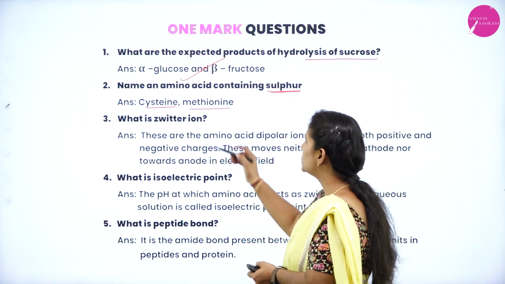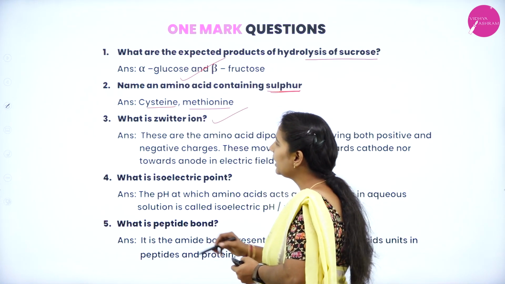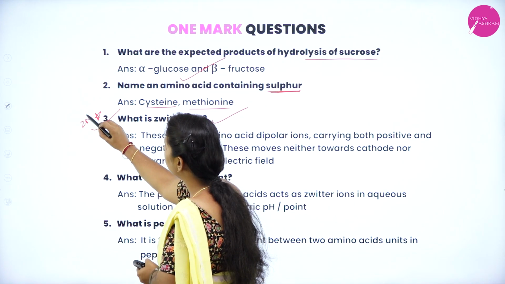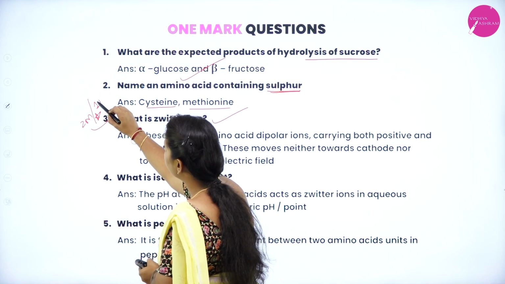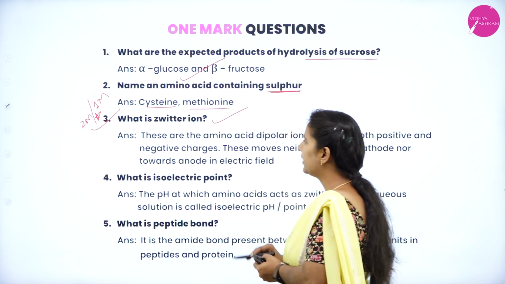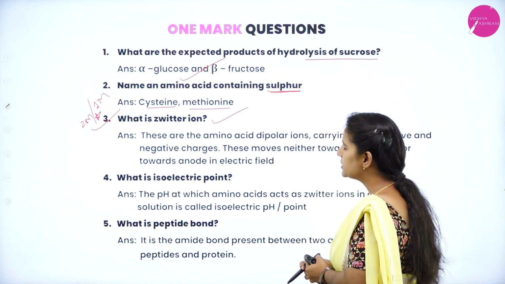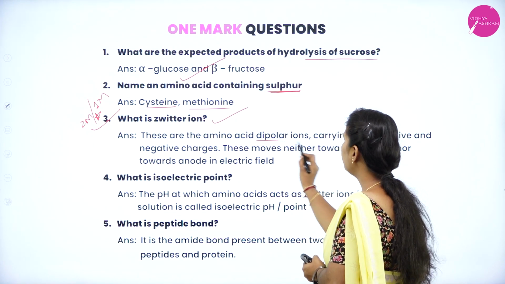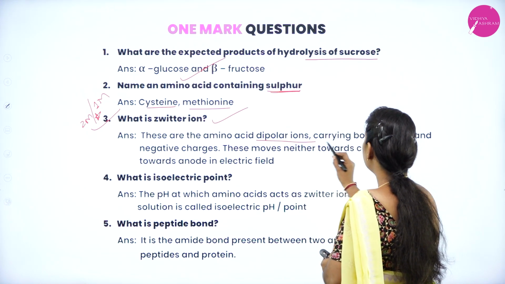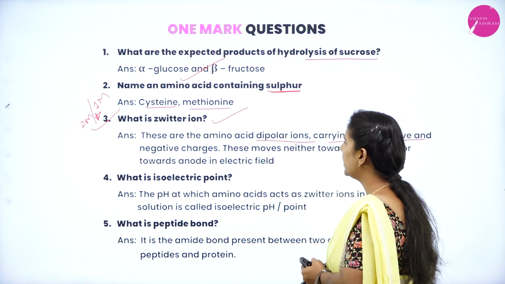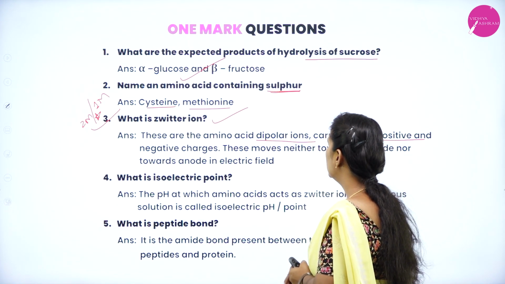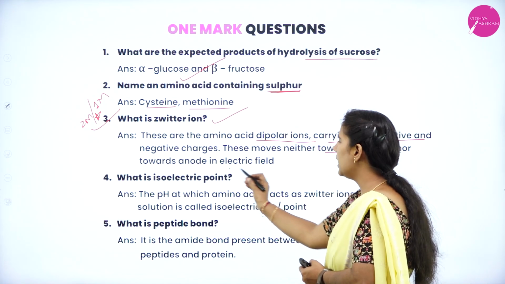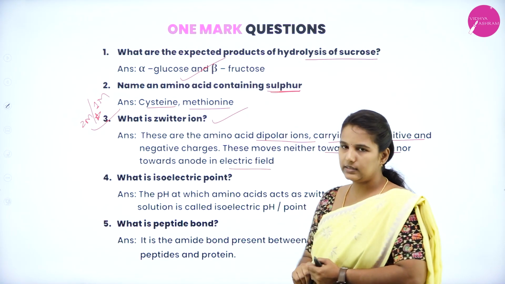Coming to the Zwitterion. It is a question that can be asked for 2 marks, sometimes also for 1 mark. Okay. So, what is Zwitterion? These are the amino acid dipolar ions which carry both positive and negative charges, which move either towards the cathode or towards the anode in the electrical field.